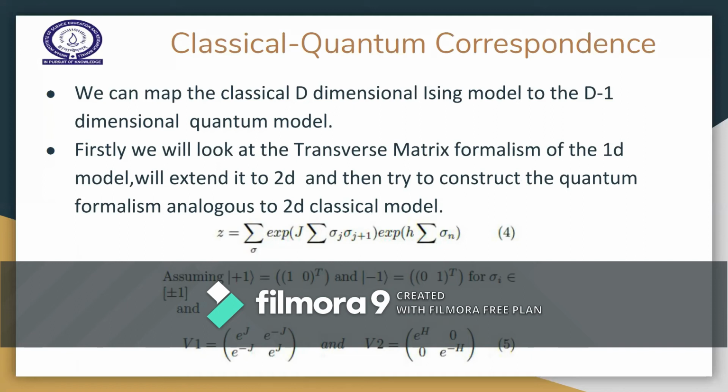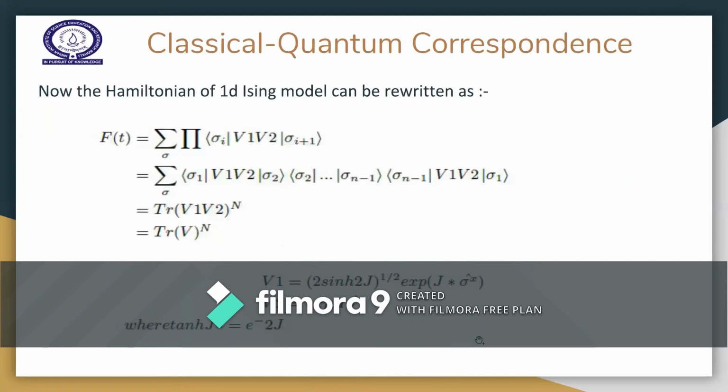Now we do these substitutions. We choose these basis vectors. We introduce these matrices. I will not go into the details of these calculations. You can see these calculations in the reference that I have attached in the last slide.